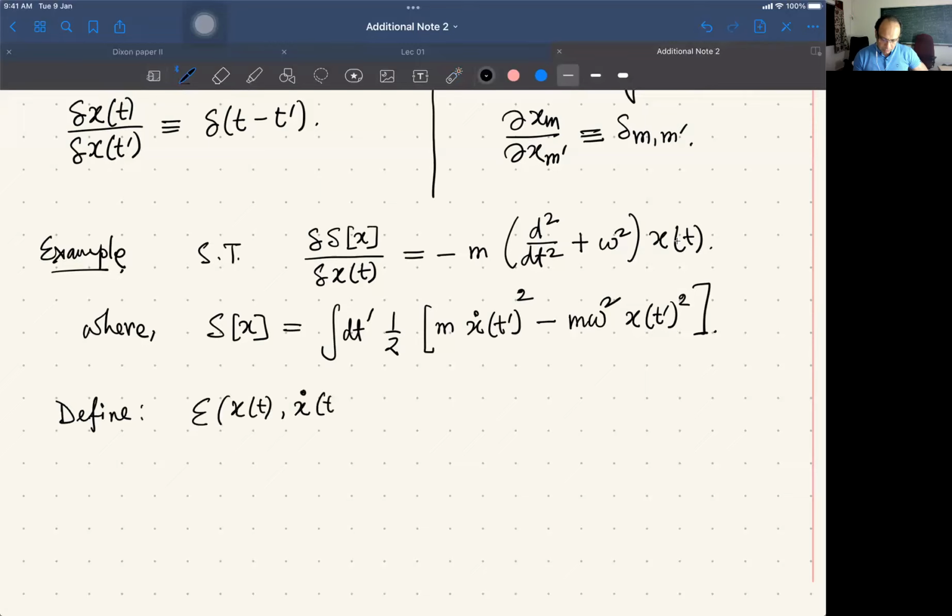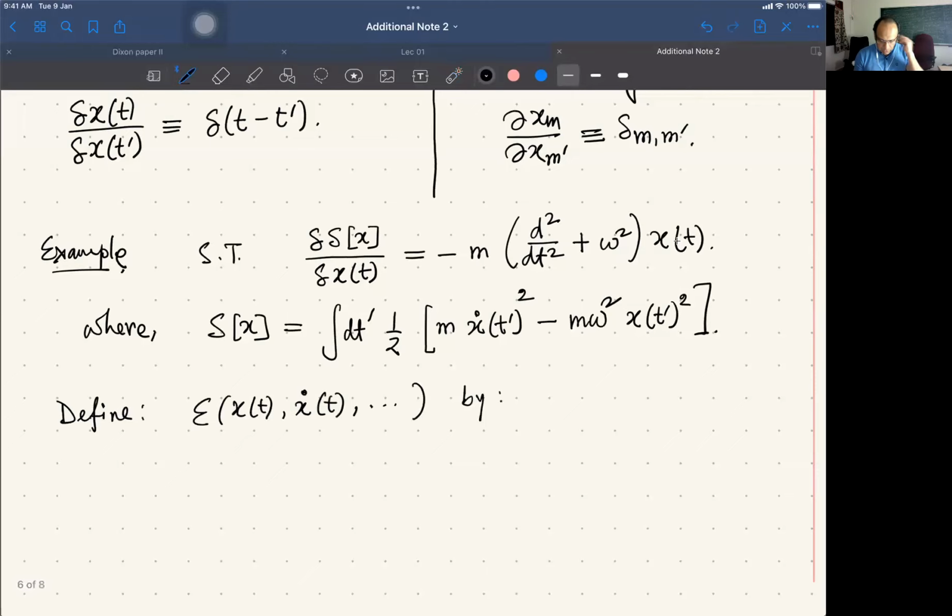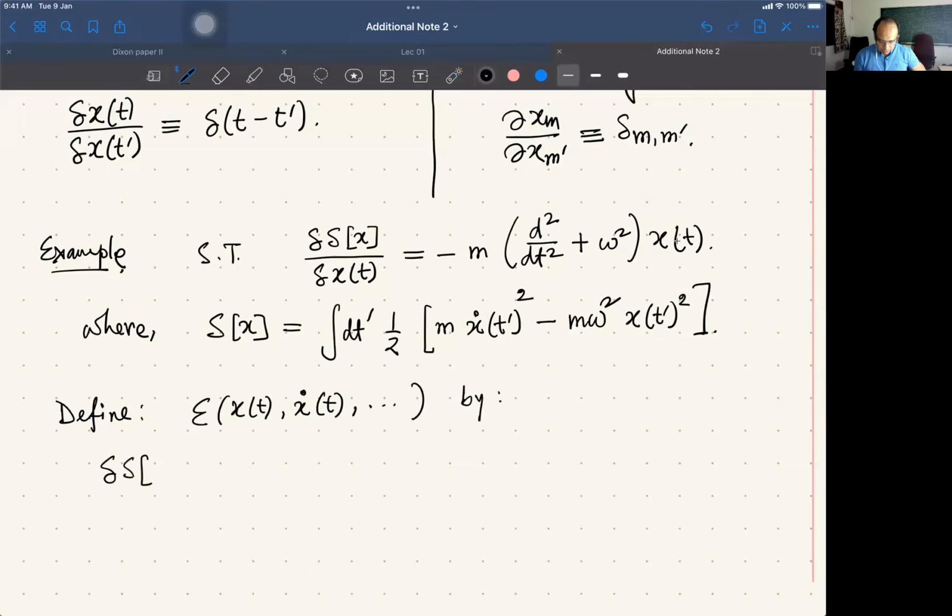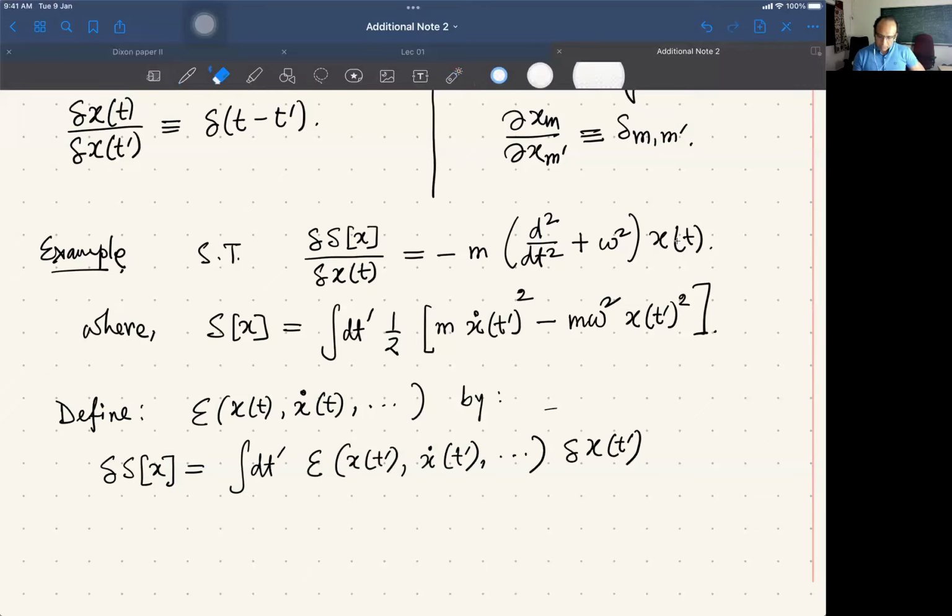x dot of t, and so on, in the following way: if you calculate the variation of this action, then the result will be given by the integral dt' of script E(x(t'), x dot(t'), and so on) times delta x(t').